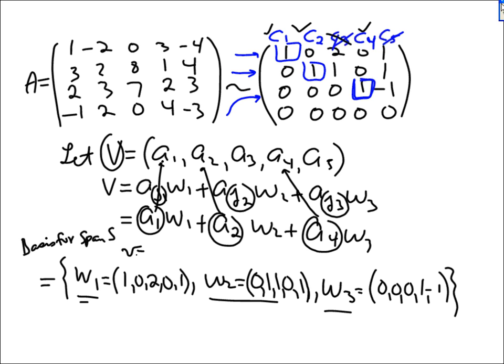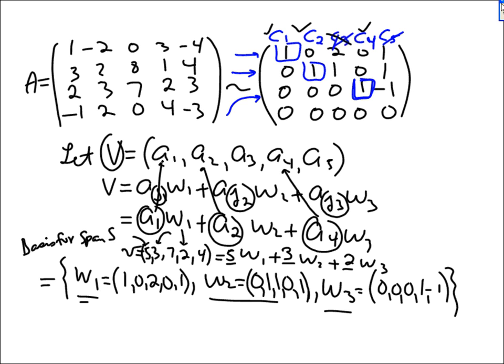If V is equal to, I don't know, 5, 3, 7, 2, 4, I'm going to get some number times W1 plus some number times W2 plus some number times W3. What are those numbers? Well, again, columns 1, 2, and 4 had the leading entries. So first I put down the column 1 number, then the column 2 number, and then the column 4 number. And there it is.